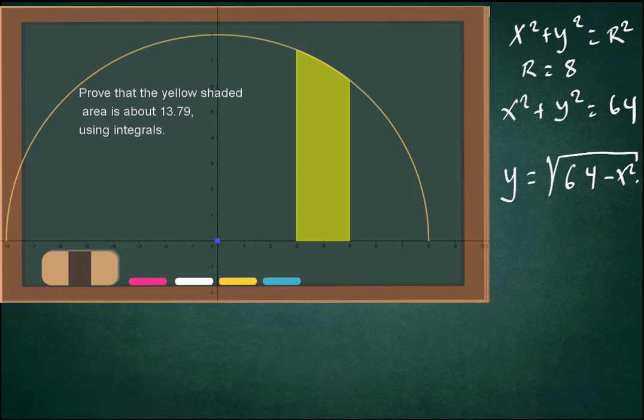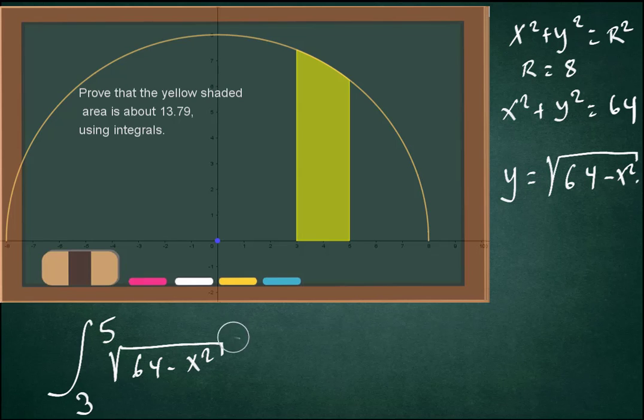If we look at the graph, it is between lines 3 and 5, so the intersection of our circle with these two lines, and the area delimited between these two lines and the curve is really what we are going to calculate, like the area under the curve between these two lines.